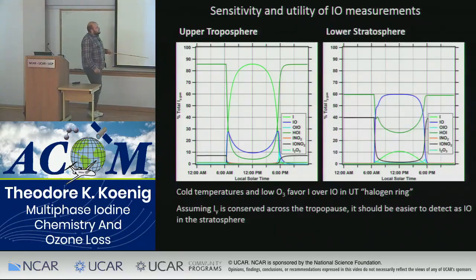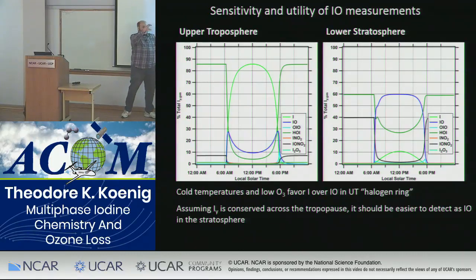If I go to the lower stratospheric conditions, then if I take a daytime measurement, I have access to about 60% of total Iy as IO, which I can measure. The twilight measurements are highly dependent on the specific time they're taking their measurement, but it's going to come rapidly down from 60% to, let's say, about 20% at sunrise, maybe 20 to 30% at sundown.